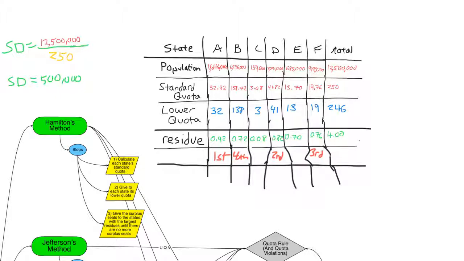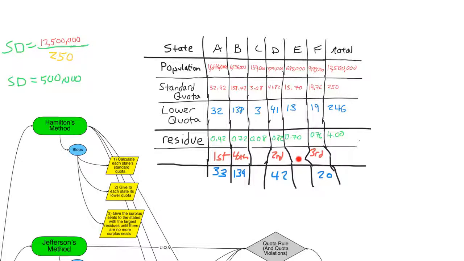Basically, state A no longer has 32 seats because we just gave state A an extra seat. So state A now has 33 seats. State D now has 42 seats. State F now has 20 seats. And finally, state B now has 139 seats.